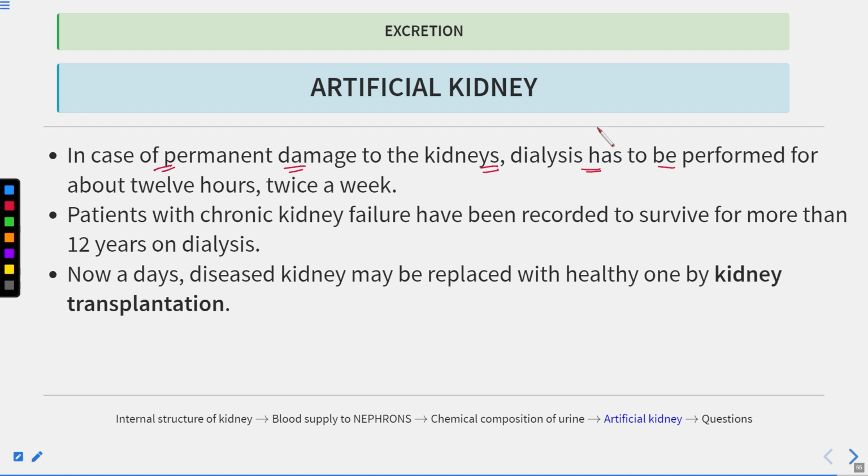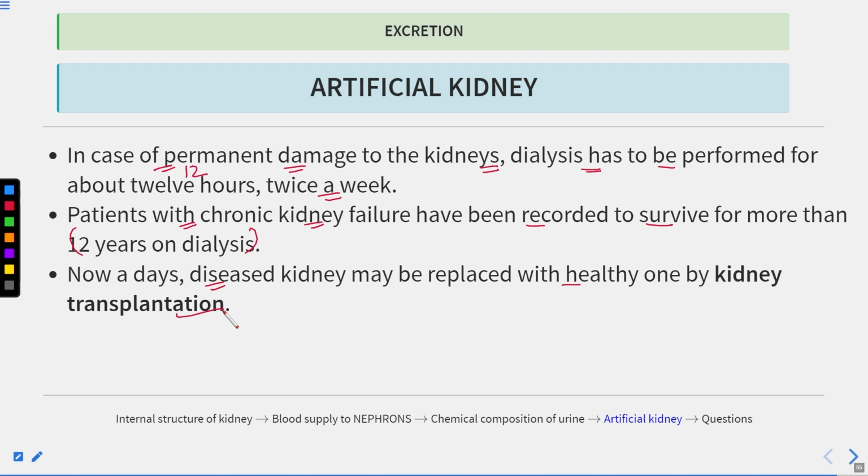Dialysis has to be performed for about 12 hours twice a week. Patients with chronic kidney failure have been recorded to survive for more than 12 years on dialysis. But nowadays, a diseased kidney may be replaced with a healthy one by kidney transplantation.